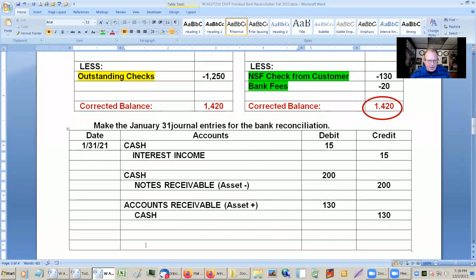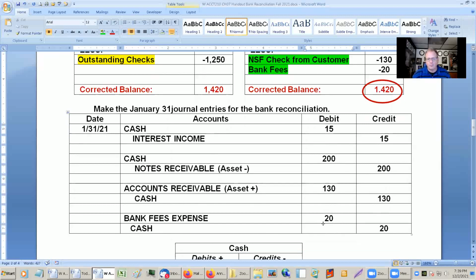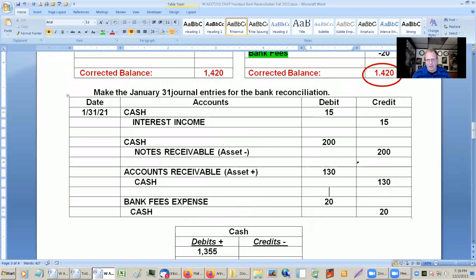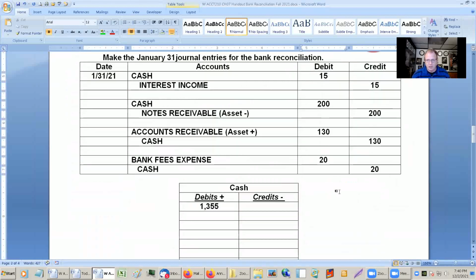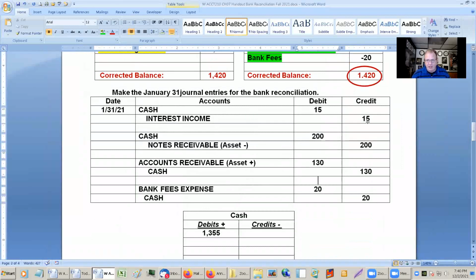Oh, bank fees. So bank fees are cash going out. Okay, now hopefully when we put all these in here, we will get a balance of that.